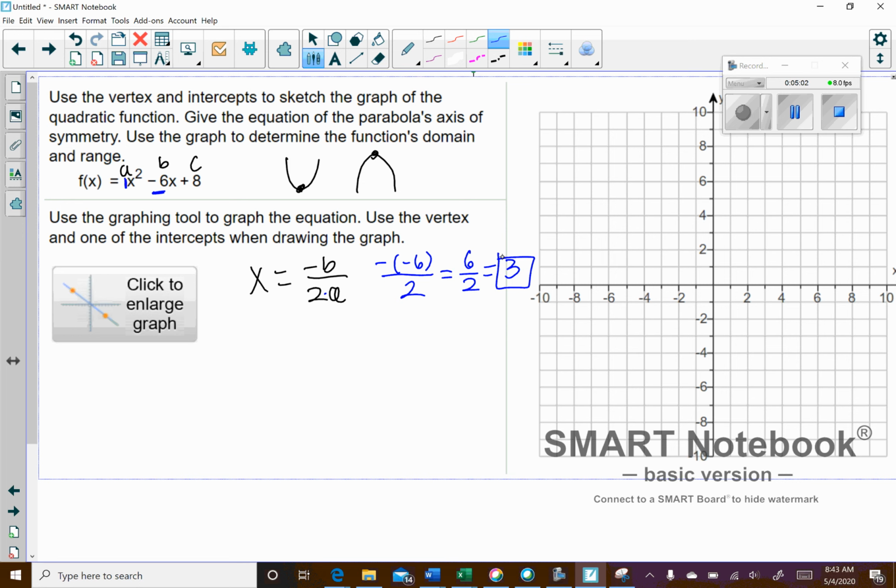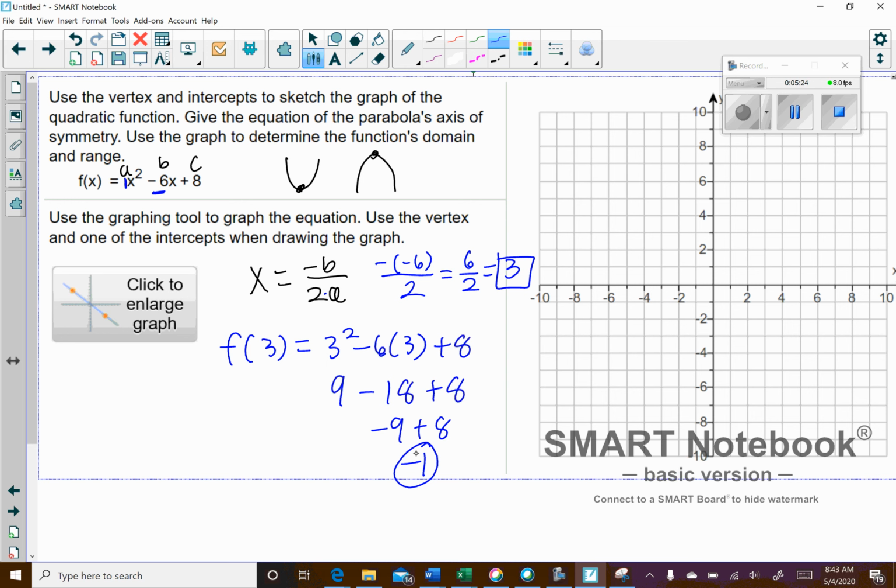So the way that I can figure out the y value now is I just plug in 3. So I'm going to have 3 squared minus 6 times 3 plus 8. So I'm going to get 9 minus 18 plus 8. So negative 9 plus 8 is negative 1. So now I know the y value.